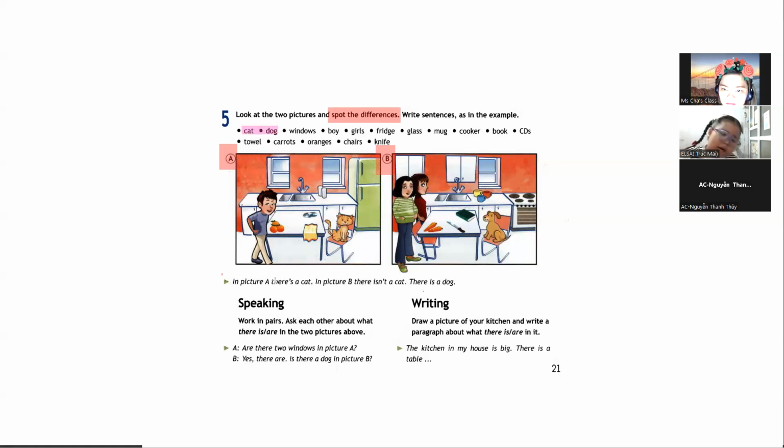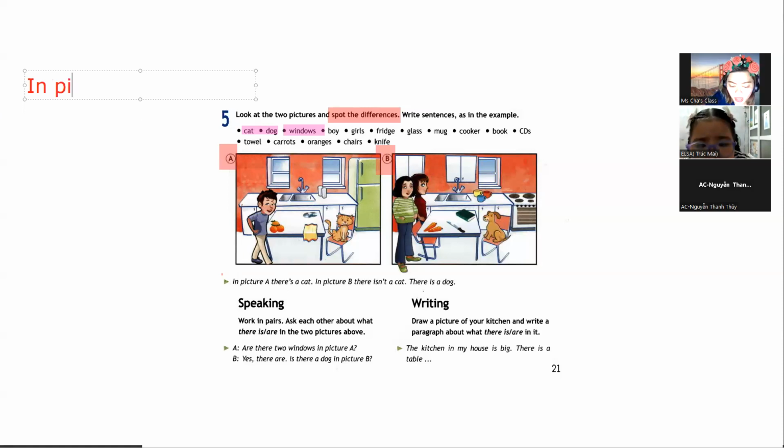In picture A, there are two windows. In picture B, there is one window. Elsa, let's follow the pattern.